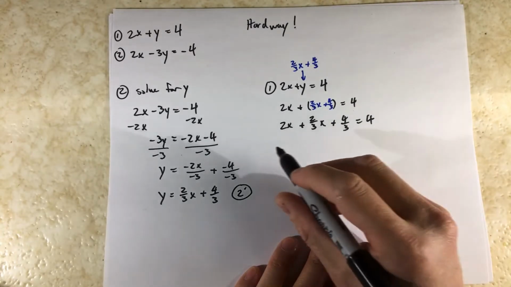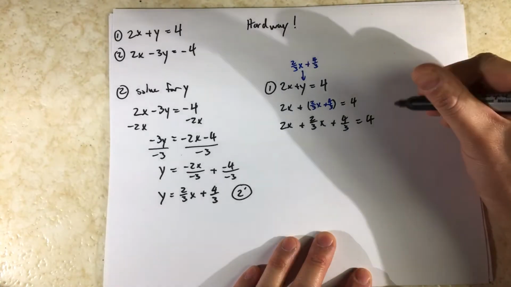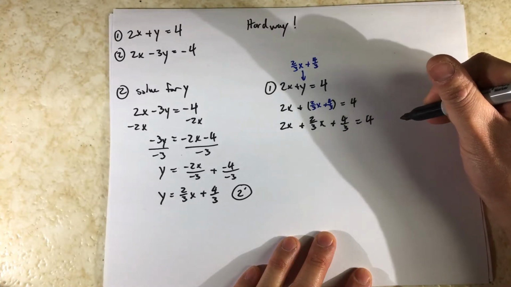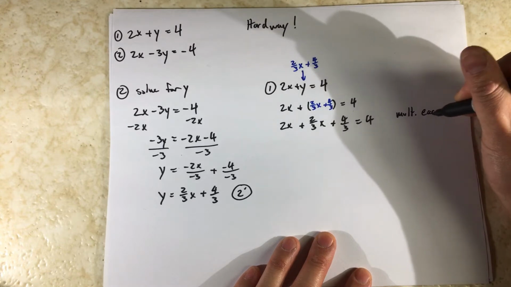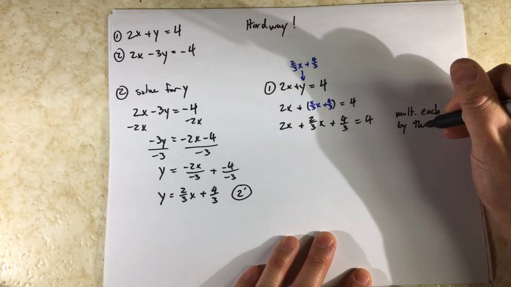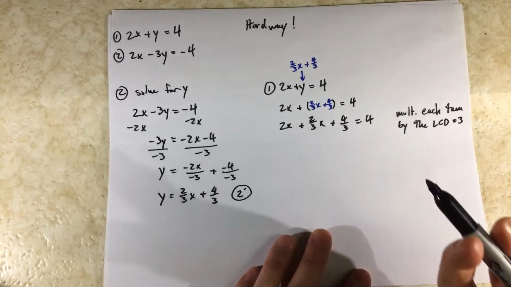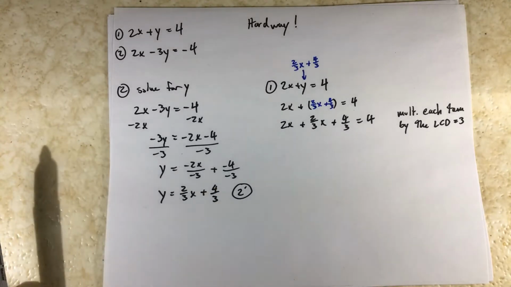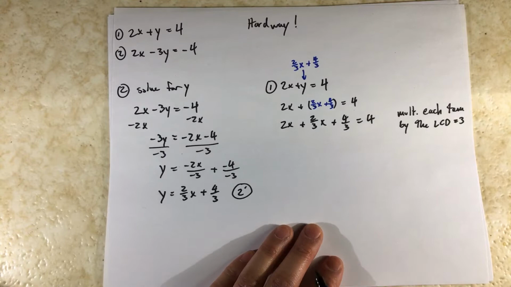If you see something like this, you want to get rid of the denominators by multiplying each term by the least common denominator, which in this case is 3. That's the only denominator. So I'm going to multiply every term by 3, and that should get rid of my fractions here.